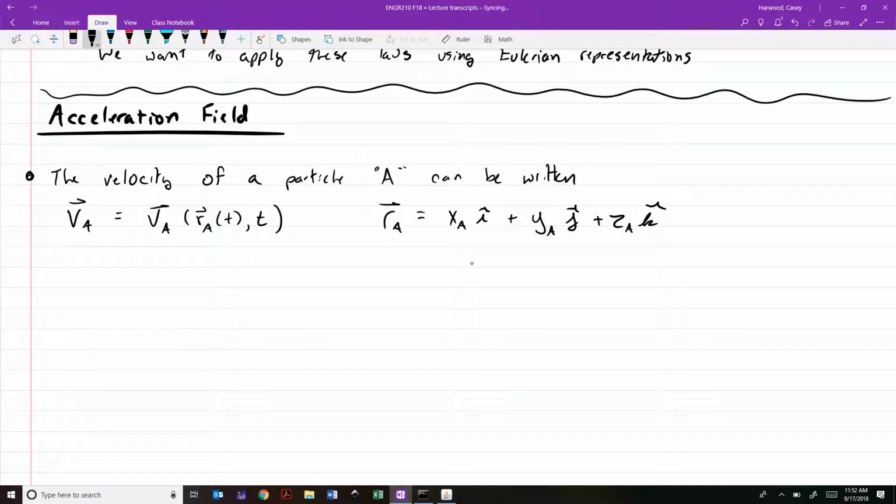So naturally, if we're writing the acceleration of this particle, we're just going to be taking the time rate of change of its velocity. So a_A is going to be written as d/dt of V_A.